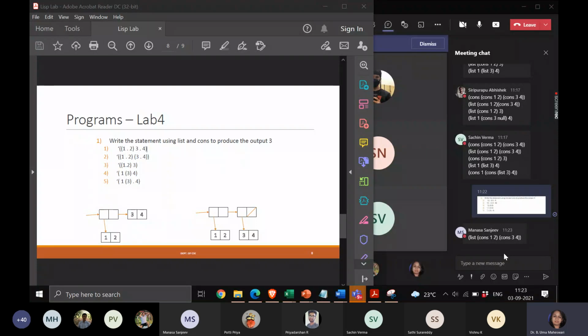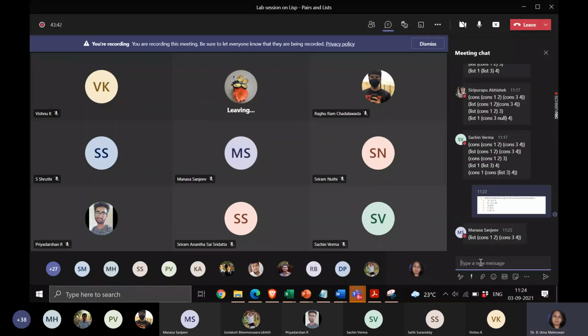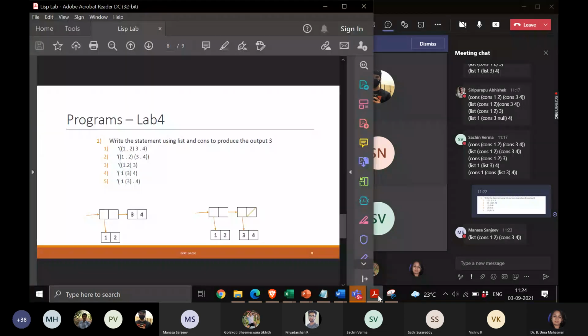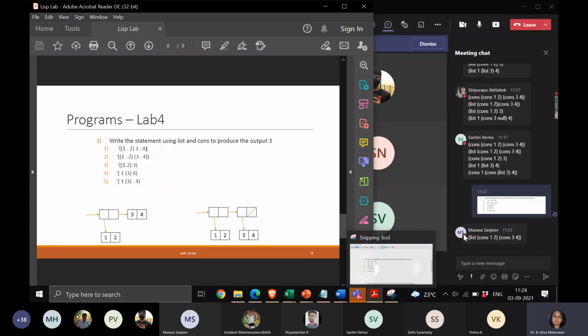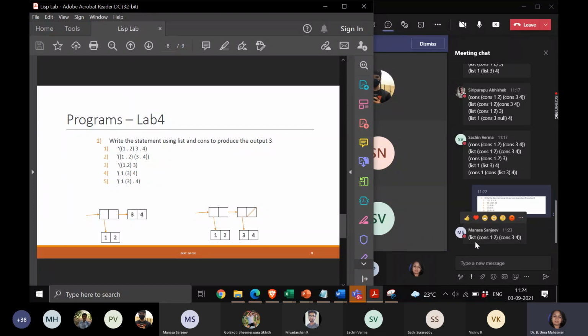So Manasa has given the answer: list of cons 1, 2, cons 3, 4. It's working fine. Manasa, instead of list in your answer, if you are writing cons, what happens?